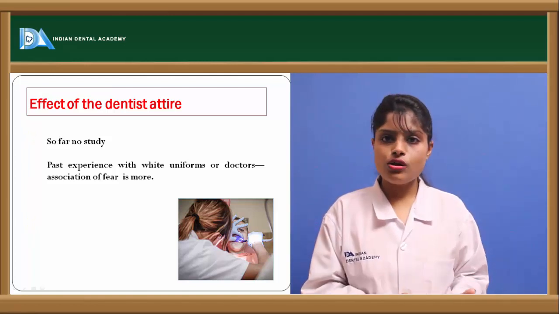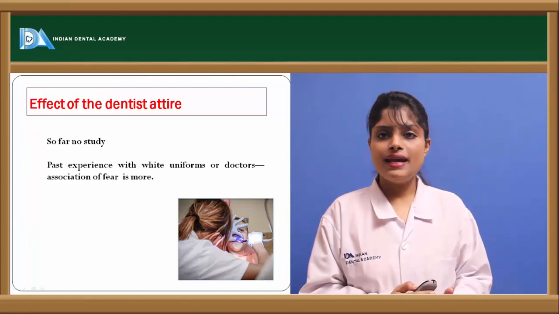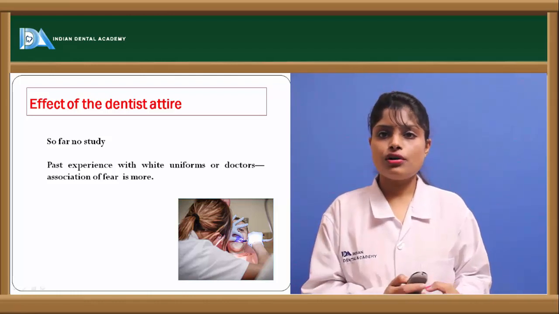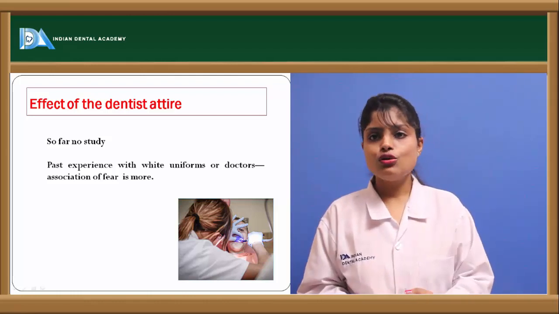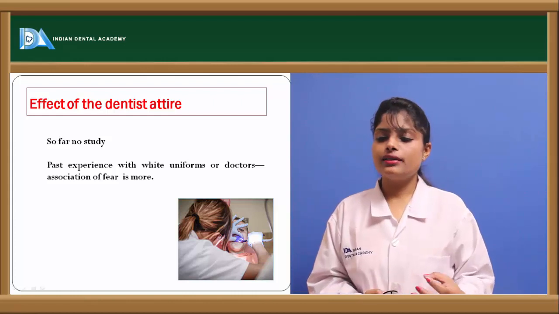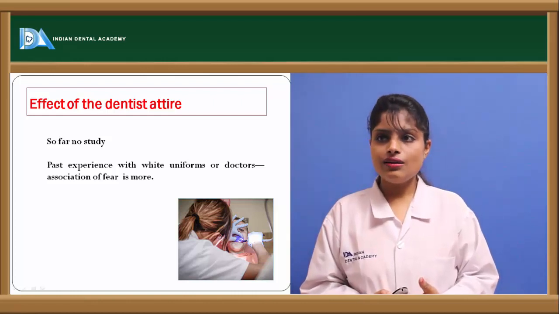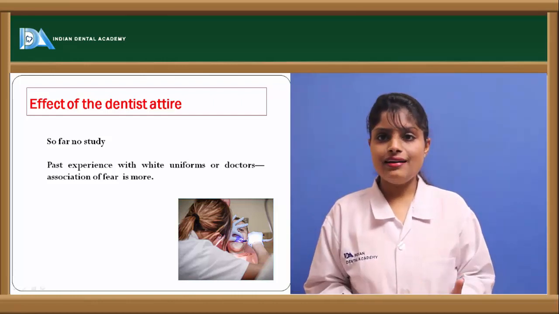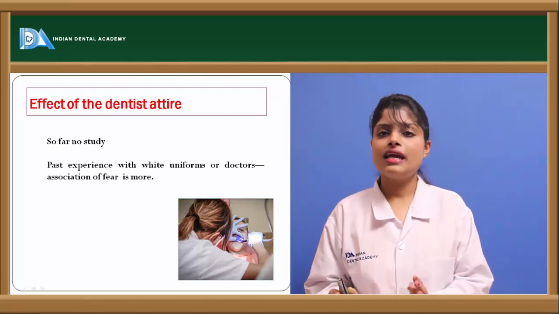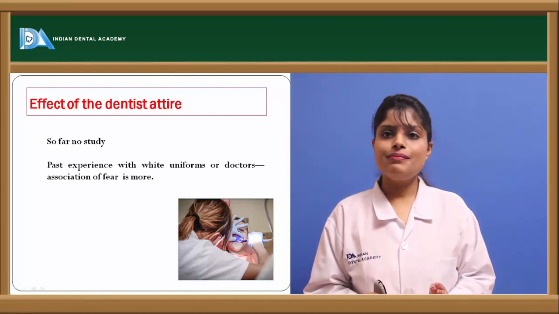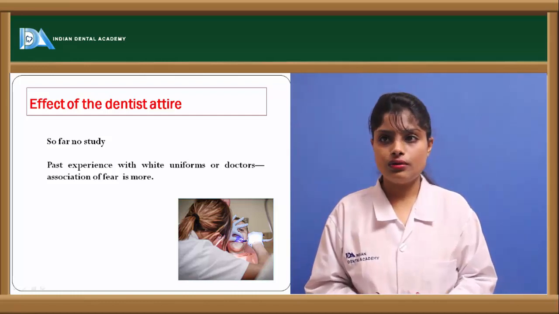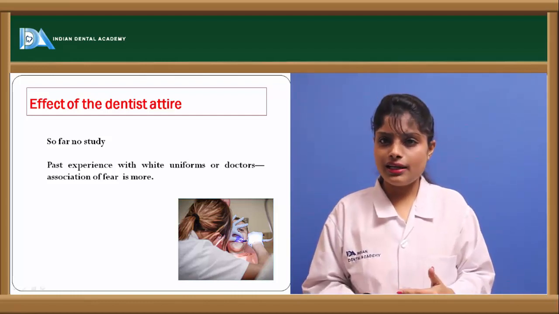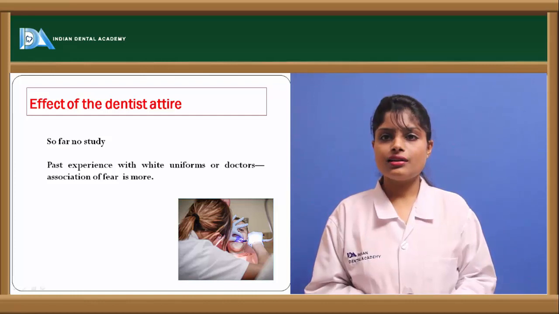Further, he should also be trained in making toys out of cotton rolls which can be presented to the child during the visits. Generally, the dentist's attire has a negative effect on the behavior of the child because a child may have a fear of the white coat. But there are no studies so far which have been conducted on the same.